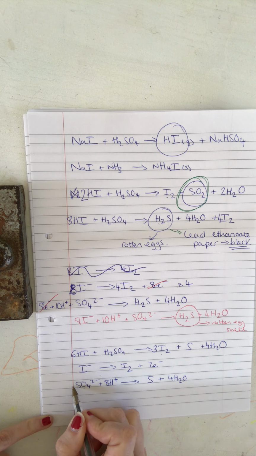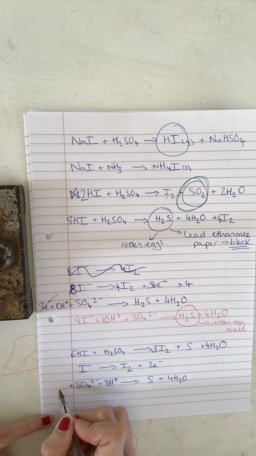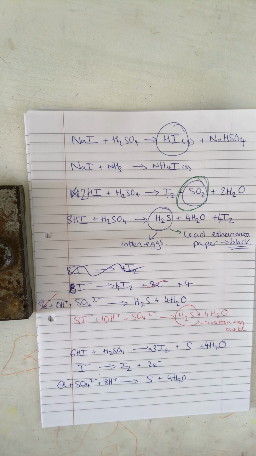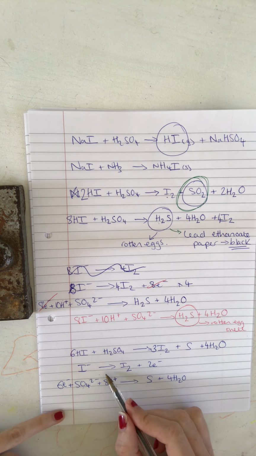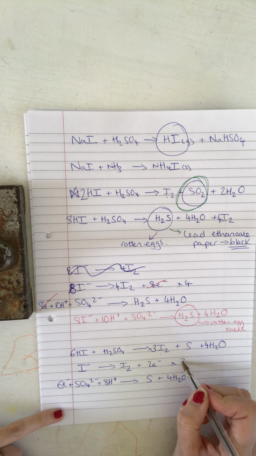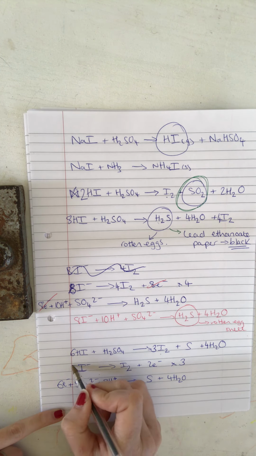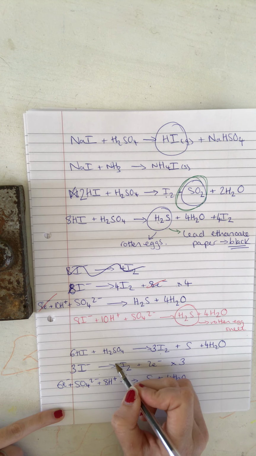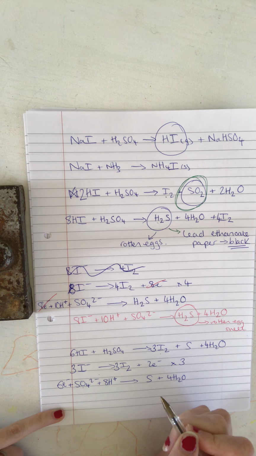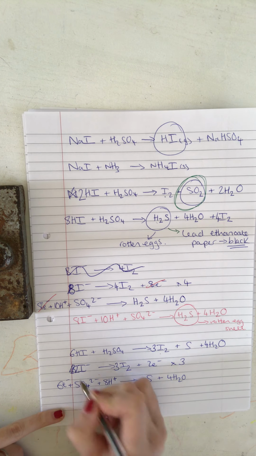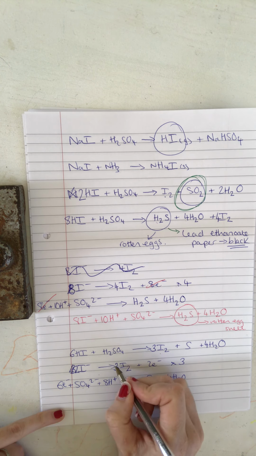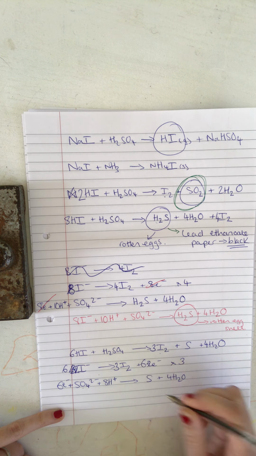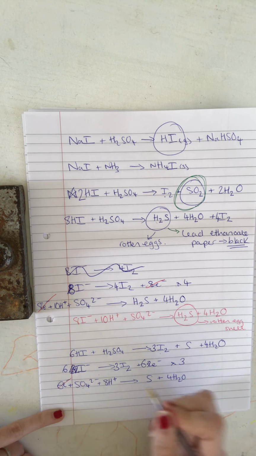Yeah, plus 6 electrons. So we need to times that one by 3. We had 2I minus to start with, multiply that and it's going to give you 6, and then that's going to give you 6, which we can then cancel out.